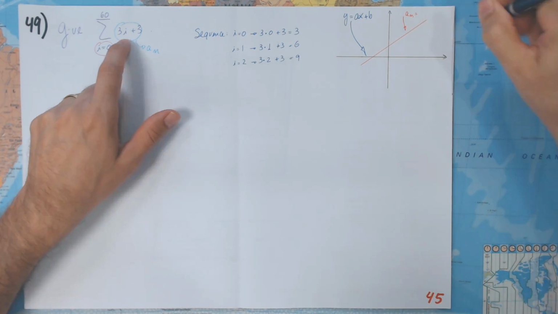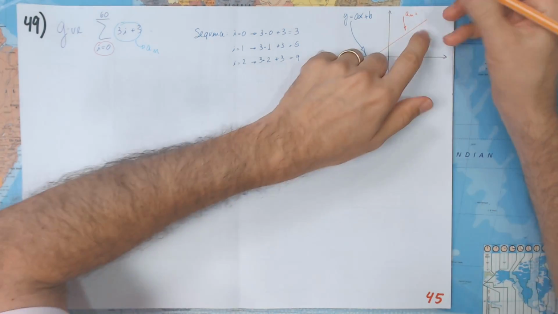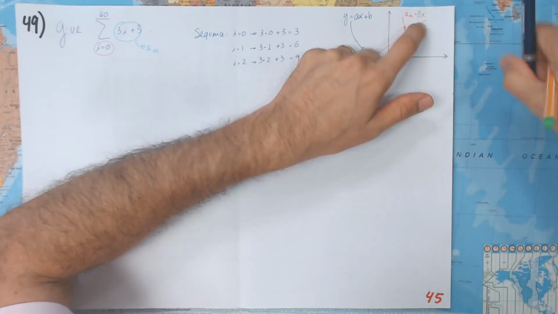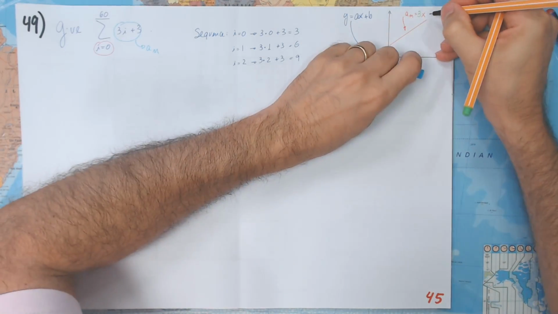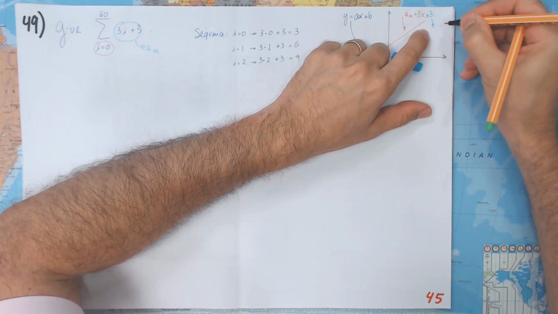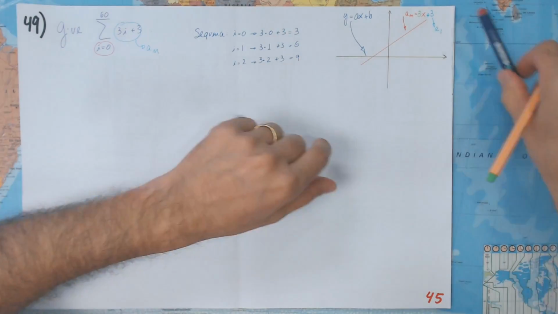3x plus 3. Okay, let me just write in colors so I can make it clearer. That 3 is going to be a_1. Always, okay, always.